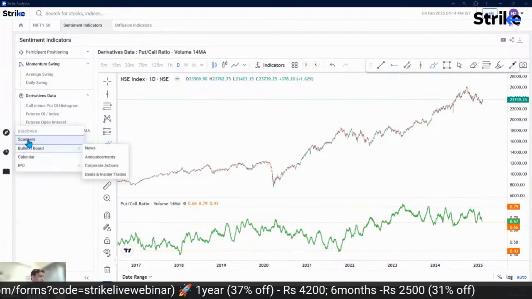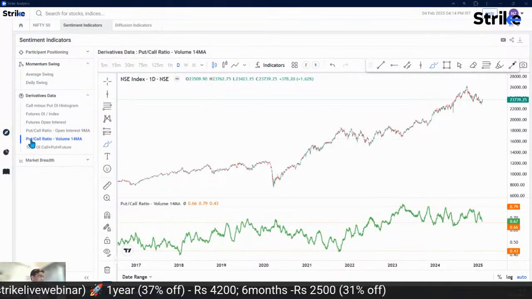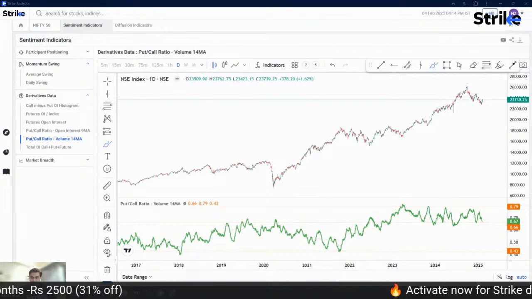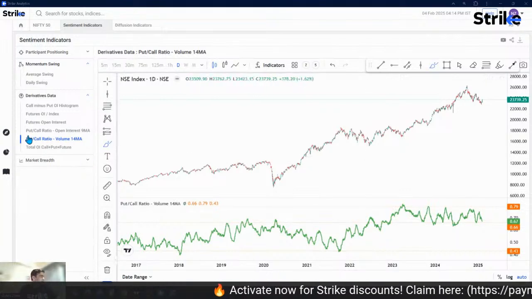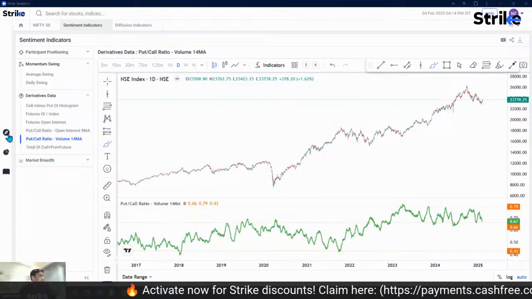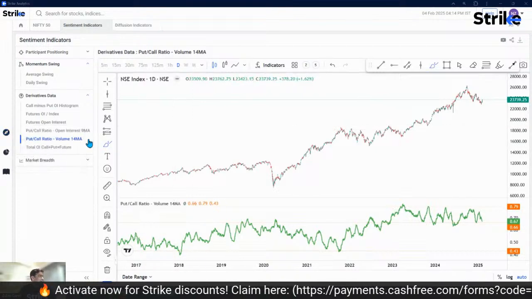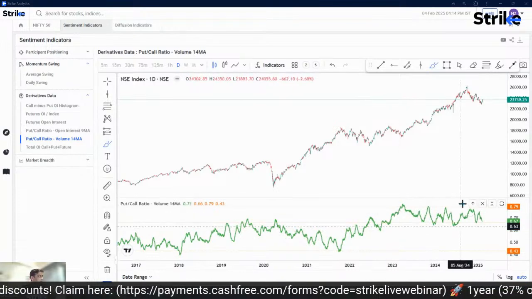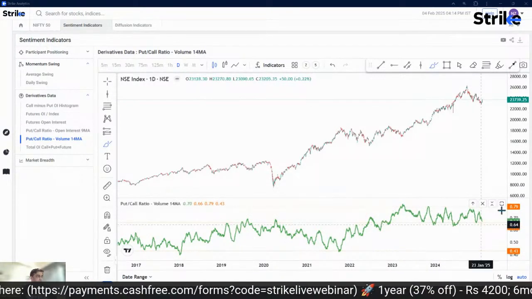And if the put volume is higher than the call volume, the ratio will be on a higher side.